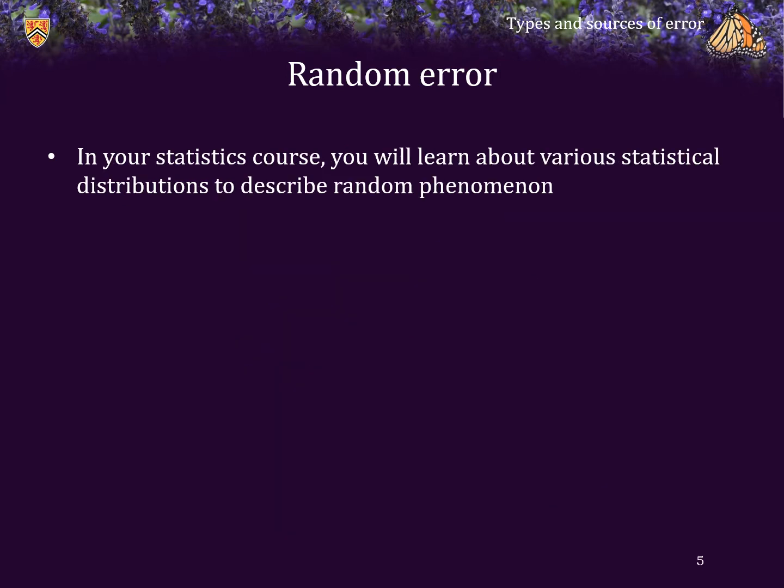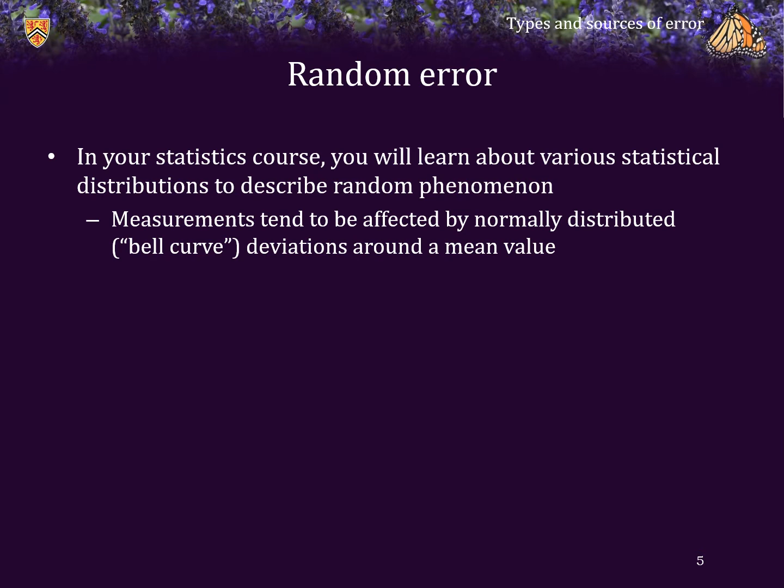Now, in your course on statistics, you will learn about various statistical distributions that can be used to describe random phenomena or random effects. So, for example, all measurements will be affected by normally distributed errors around a mean value or the expected value.